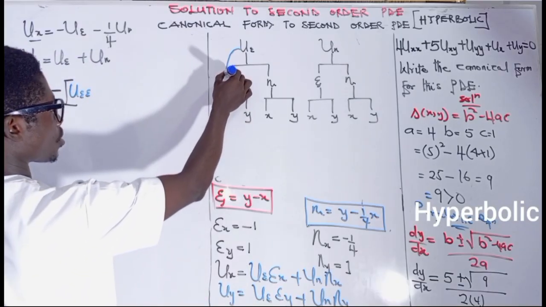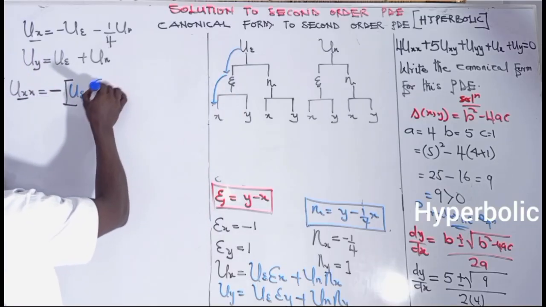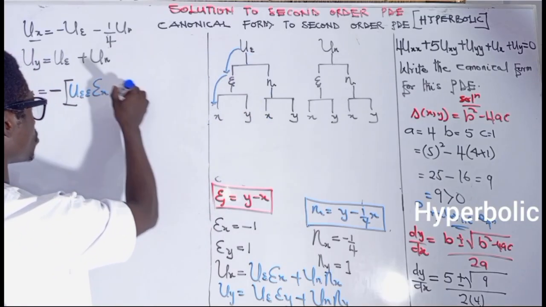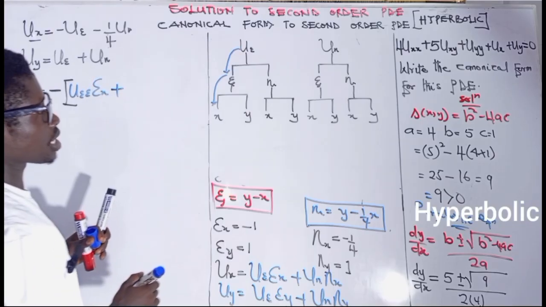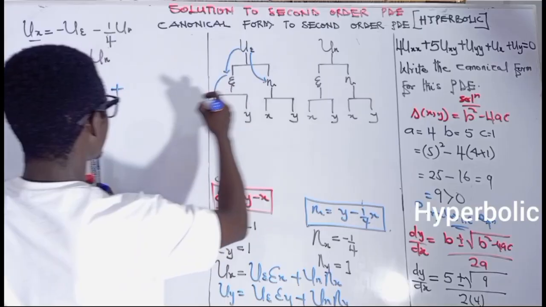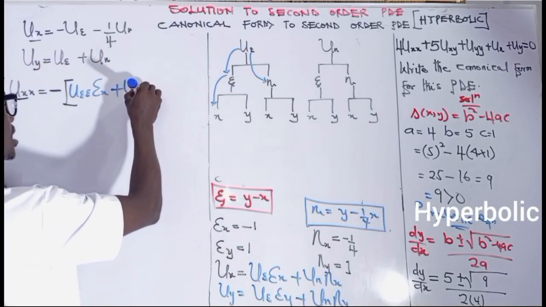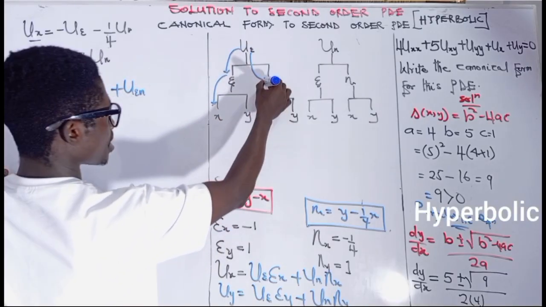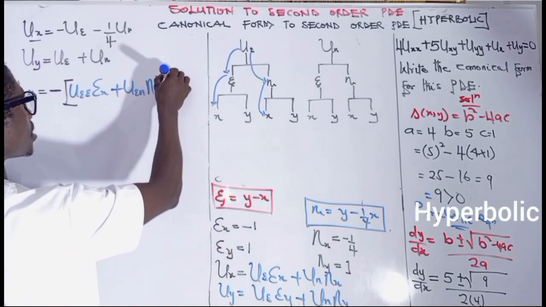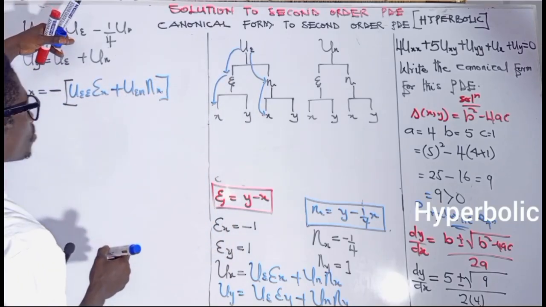Then we move to the x column, xi x. We have another x here which is on u xi, so we have to look for that one as well. With that one too, we move to u xi eta. So we have u xi eta. Then we have eta x. So we are done with the expression for u xi.